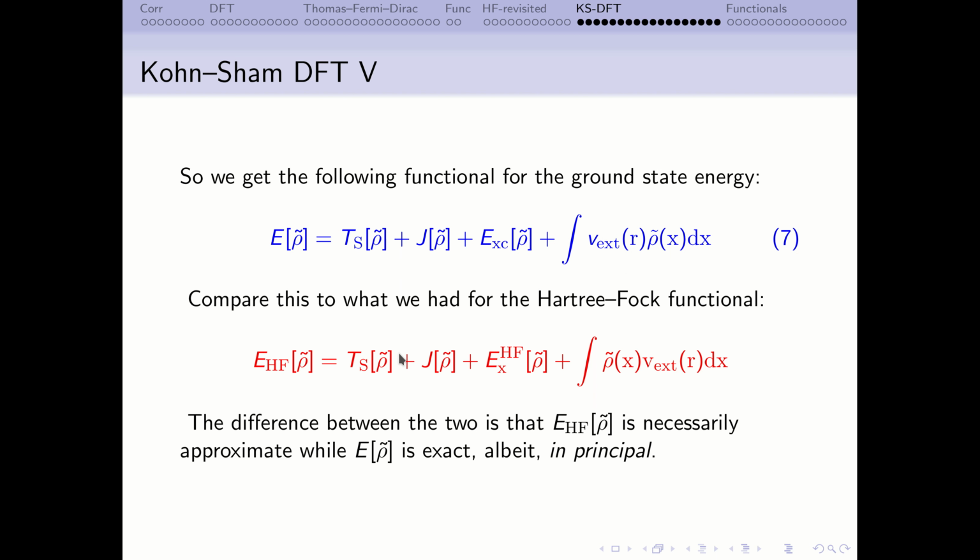For Hartree-Fock we had a single particle kinetic energy, Coulomb energy, a Hartree-Fock exchange functional, and the energy from the external potential. I just wrote this the other way around, but it's the same as that. So what's the difference? Well, the only difference is here formally. This one contains exchange and correlation effects. This one contains only exchange effects.